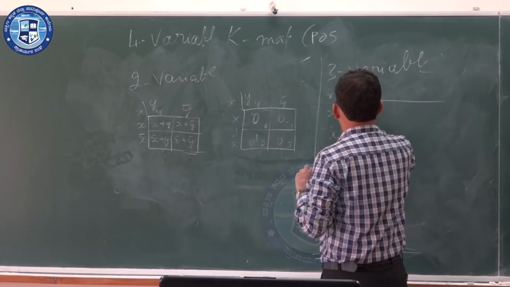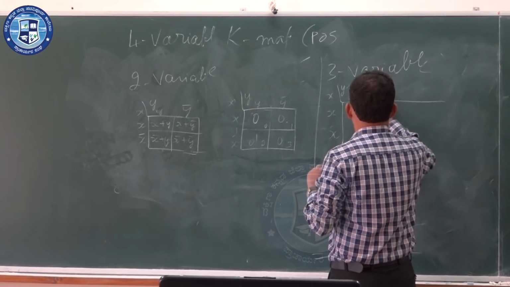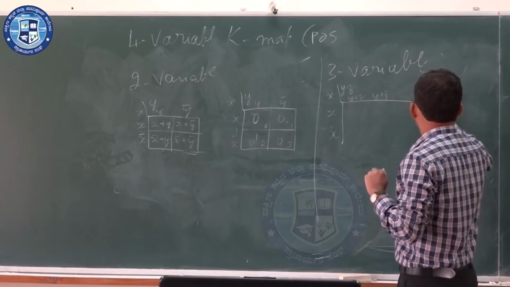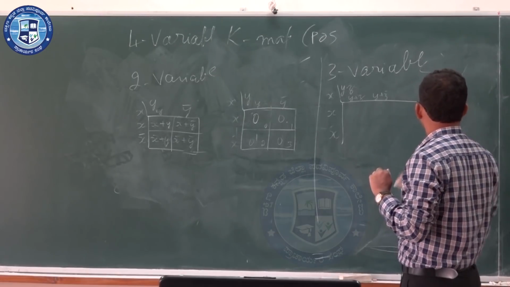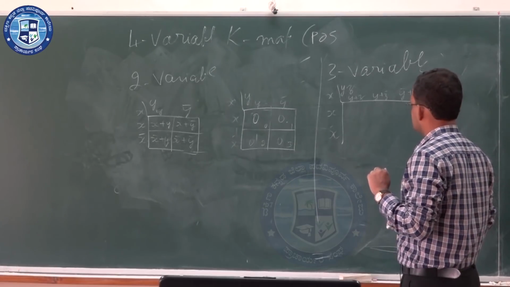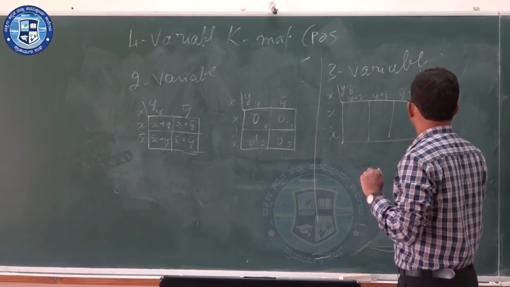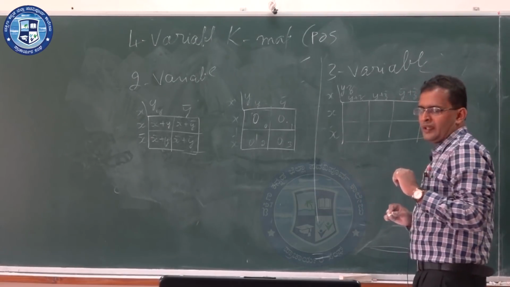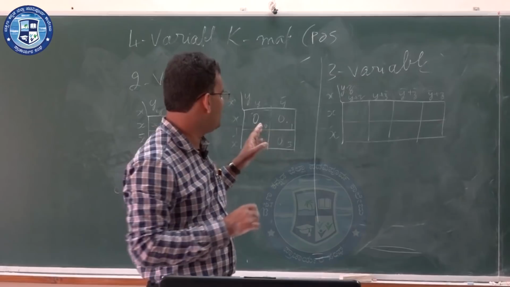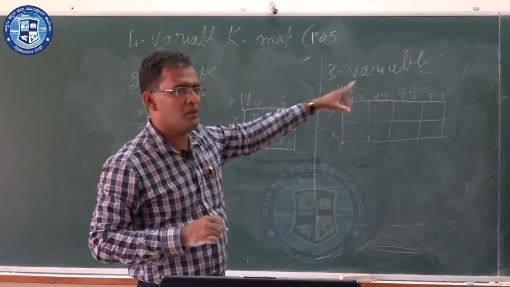Now, here I have y plus z, y plus z bar, y bar plus z, y bar plus z bar. I repeat, it is y plus z, y plus z bar, y bar plus z and y bar plus z bar.